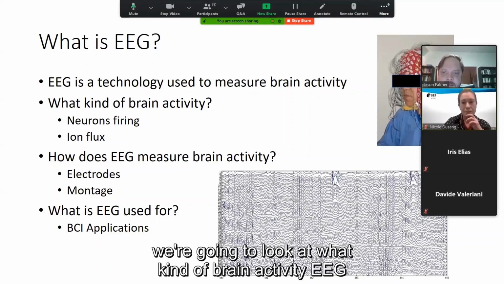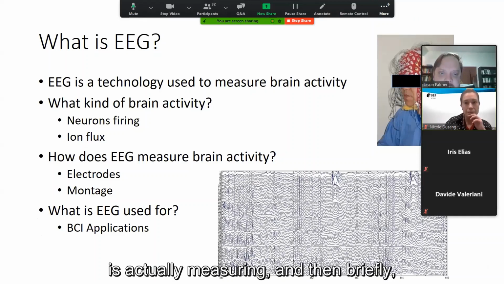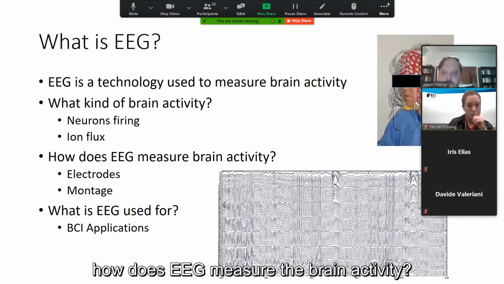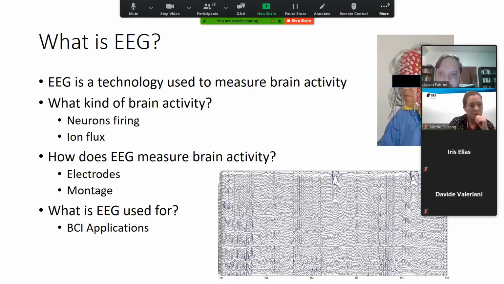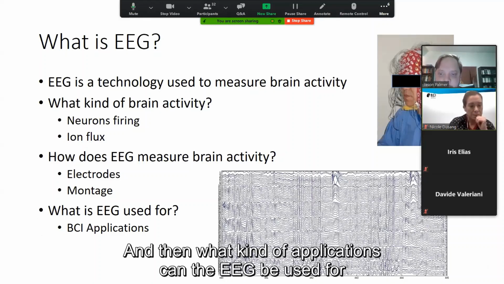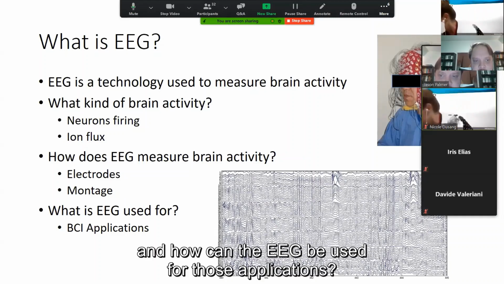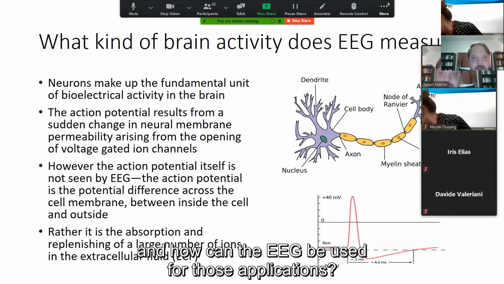So first we're going to look at what kind of brain activity EEG is actually measuring, and then briefly, how does EEG measure the brain activity? And then what kind of applications can EEG be used for, and how can EEG be used for those applications?